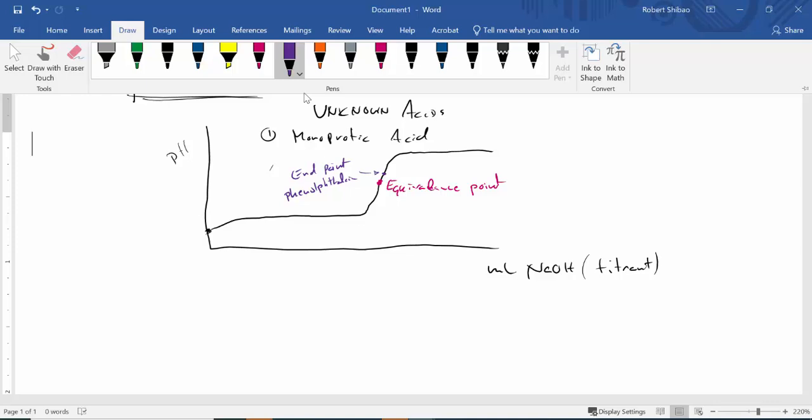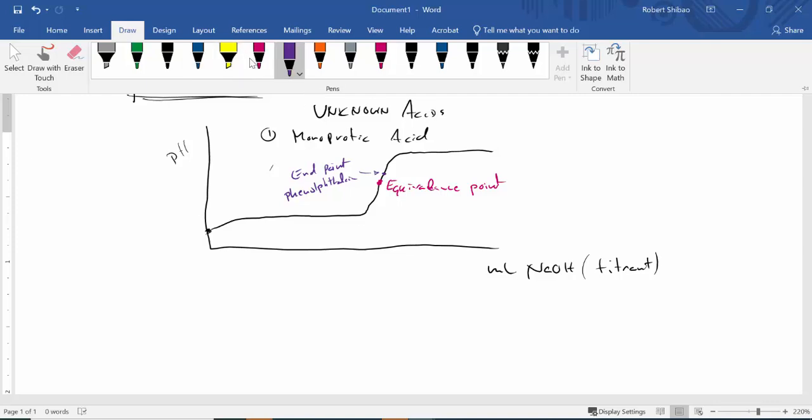And even if we didn't correct for that by doing the calibration, the error is still very small, the difference between the equivalence point and the end point in terms of milliliters of sodium hydroxide. In terms of pH, the error is quite a bit more significant. It depends on, for example, a strong acid and strong base like HCl and sodium hydroxide, there would be more significant error. But with a weak acid, there's less of an error there.